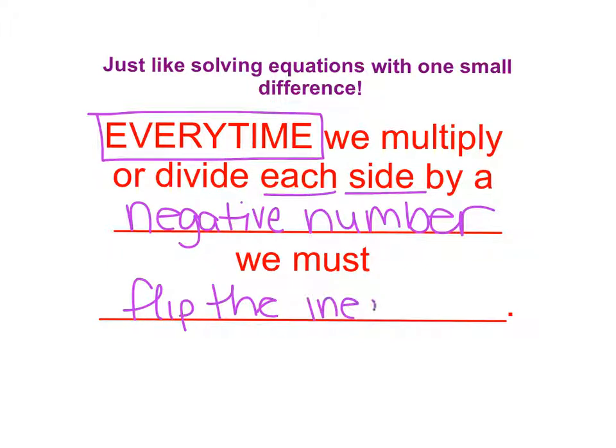So we'll look at a couple of different examples and talk through how we know when we do flip the sign and how we know when we shouldn't flip the sign.